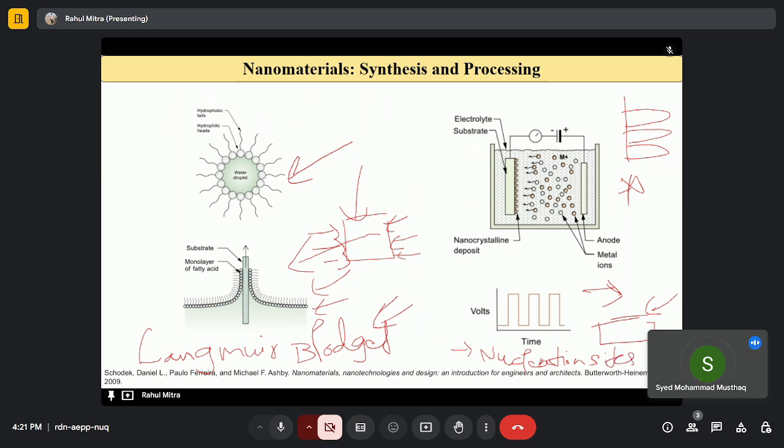More nucleation sites, less growth. So the more nucleation sites form, the more grains will form. We have more nanocrystalline grains in a thin nanofilm. If you are forming bulk films, for example micrometers, then we have nanocrystalline grains.